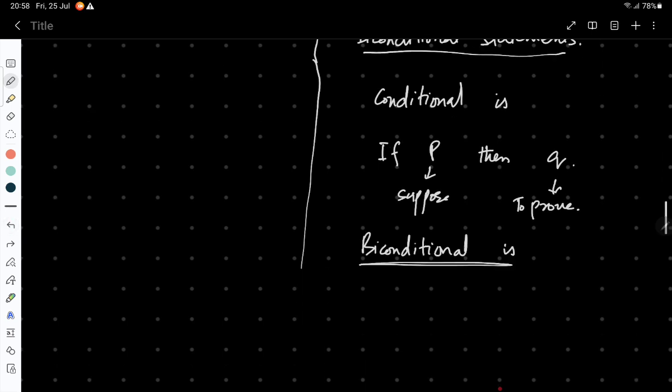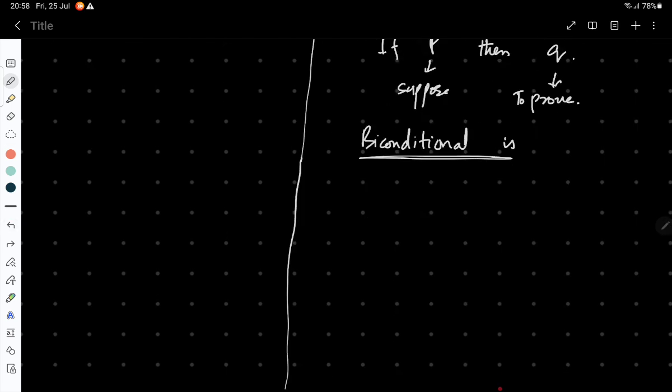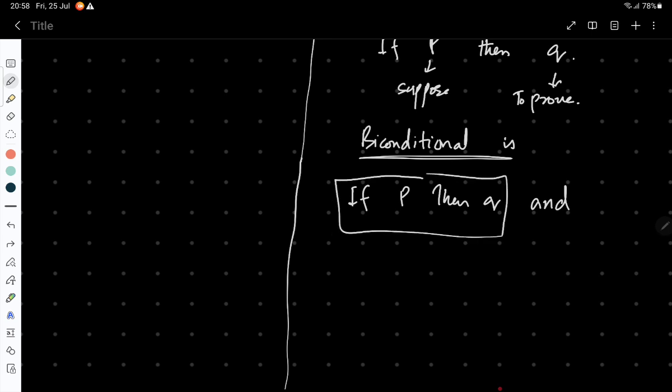Biconditional statements are two-way statements. In these kind of statements, we have two things. The first thing is if P then Q, and the other thing is if Q then P.